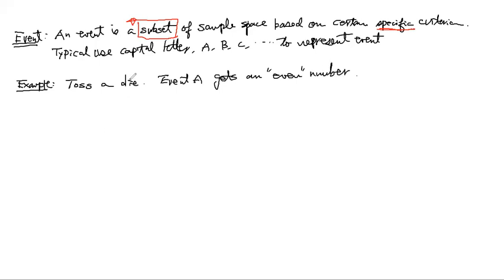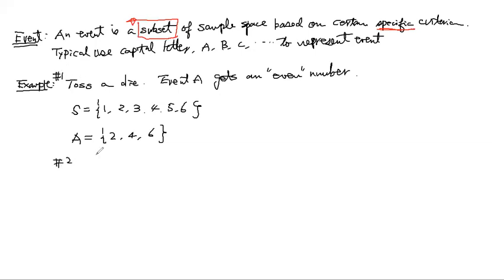So for this experiment, from the previous page, I know if I toss a die, the sample space will be 1, 2, 3, 4, 5, 6. Then the event A, remember we use a capital letter to represent the event, says, hey, I'm getting an even number. So A will just be a subset of your sample space. So even numbers will be 2, 4, and 6, right? That's pretty simple.